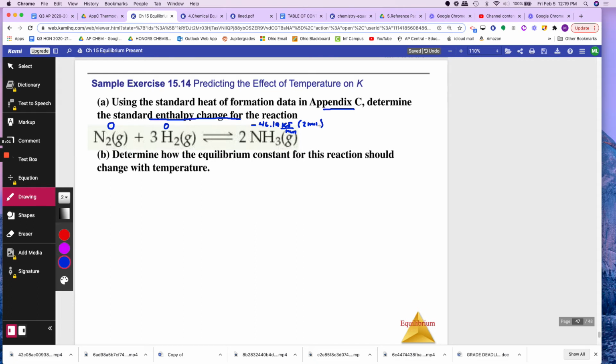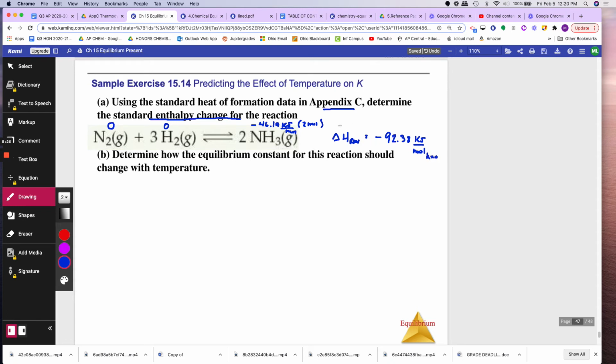I'm going to get the heat of reaction here, delta H of reaction, is equal to negative 92.38 kilojoules per mole of this reaction, okay?